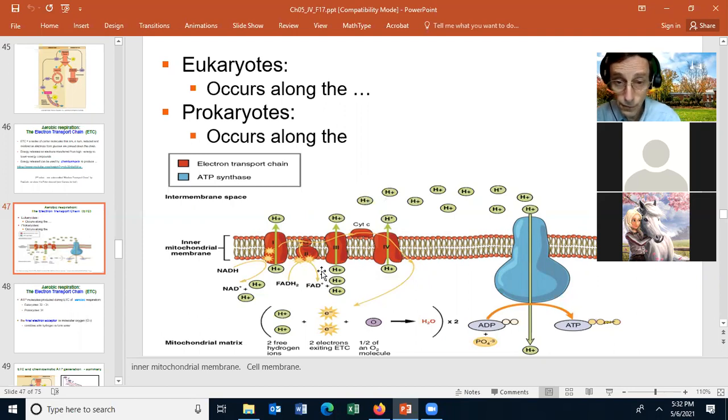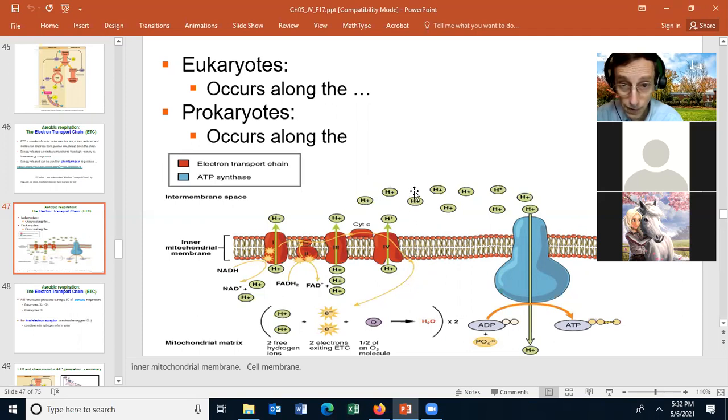That creates a twofold gradient of potential energy on this side compared to that side. These hydrogen ions will want to move from this side of the membrane to that side. It's the law of simple diffusion. Hydrogen on this side, being higher in concentration, is going to want to move to this side.